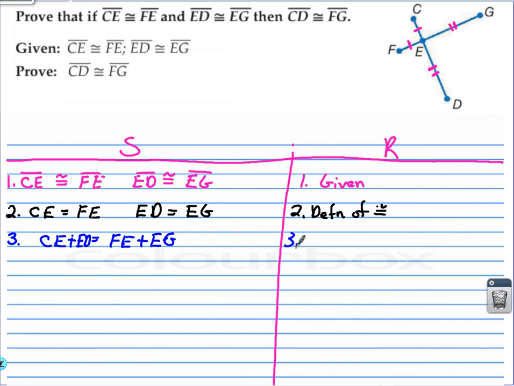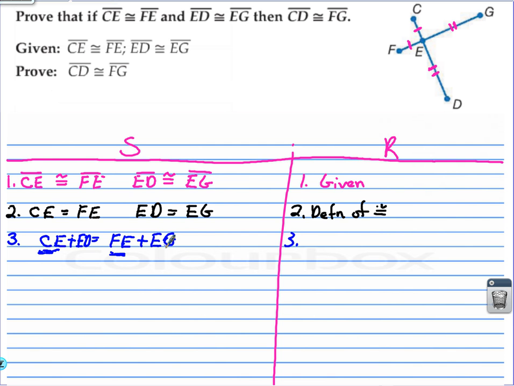Does everybody understand? Okay, first off, we're given right here that CE and FE are the same thing. I added to the left side ED, I added to the right side EG. ED and EG are also the same thing. The addition property of equality states this: if two things are equal, 3 equals 3, you can add anything to both sides of the equation as long as you're adding equal things to both sides.